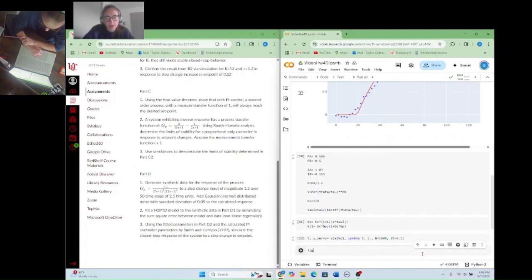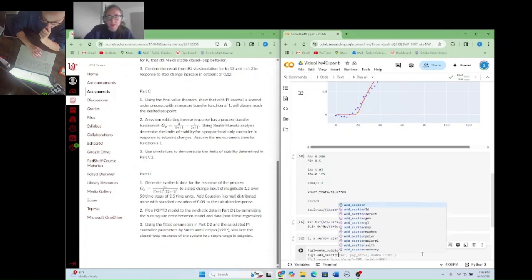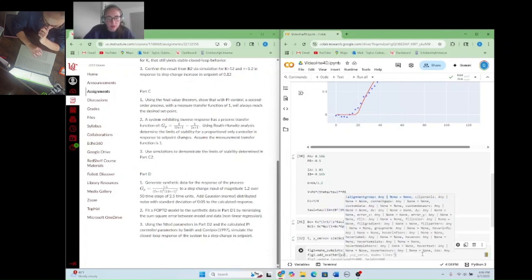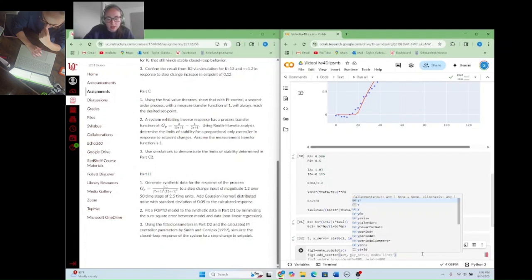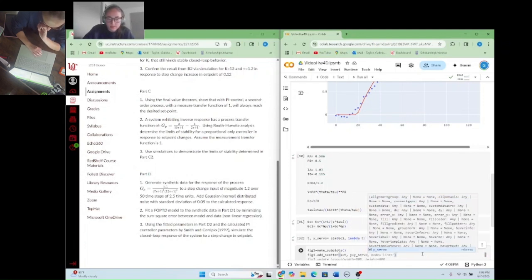And now we can do our fig 1 is equal to make underscore subplots. And then we're going to do fig 1 dot add underscore scatter. X is equal to t. Our y is equal to y servo.